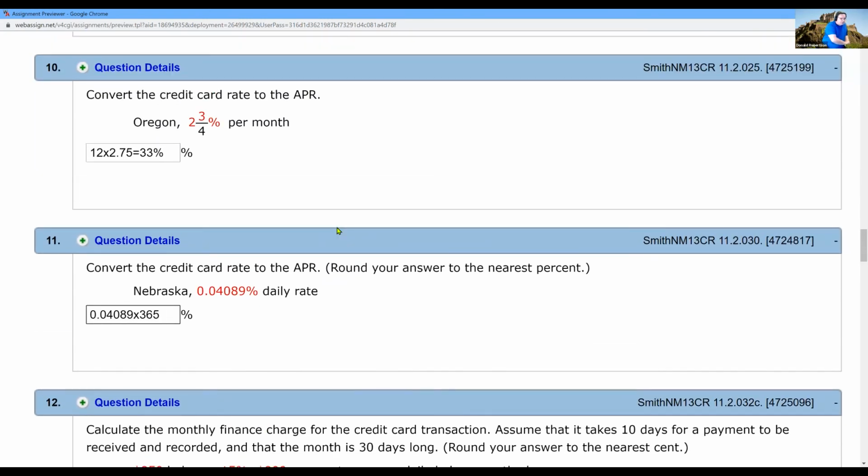Do you think that one's going to be better, meaning a smaller number than 33? Or do you think it's going to be even worse? What's your gut feeling? I'm typing it in while you're thinking. It's smaller. It's 15. I would agree with you. It's about 14.9, but 15 is good enough. It's about 15%.